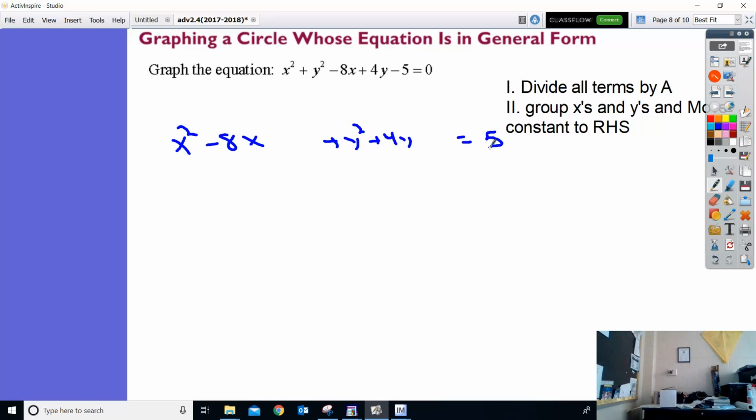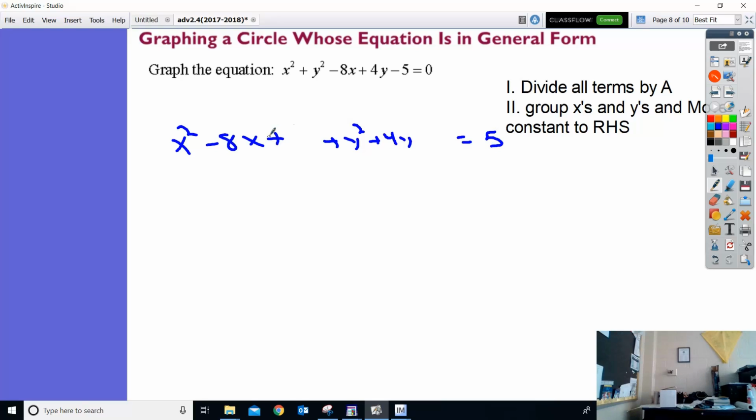Some kids get really good at completing the square, and they don't need to show all the work. Like if I wanted to complete the square on x squared minus 8x, I would just add 16. If I wanted to complete the square on y squared plus 4y, I'd just add 4. I'll show you why, and then I'll explain what's going on if you need to see it.